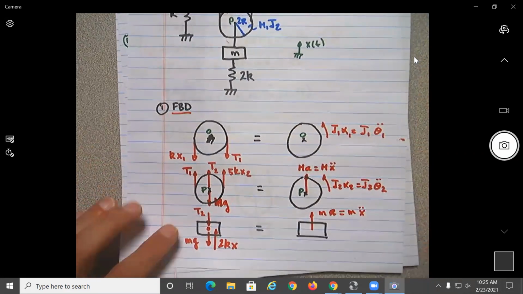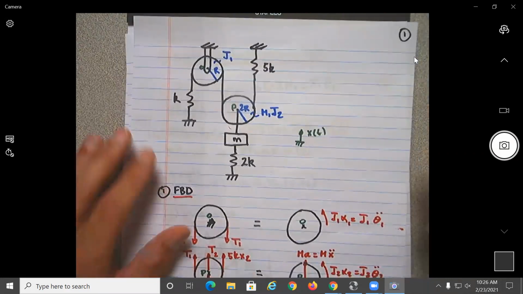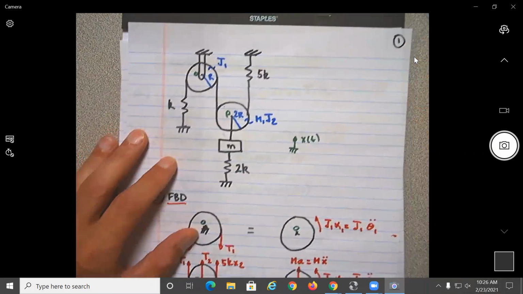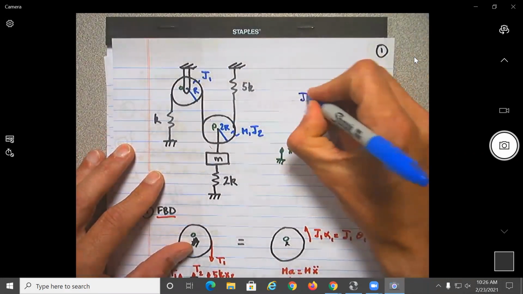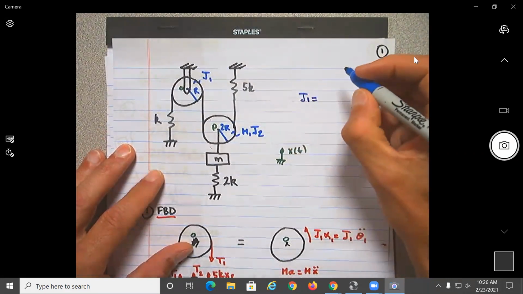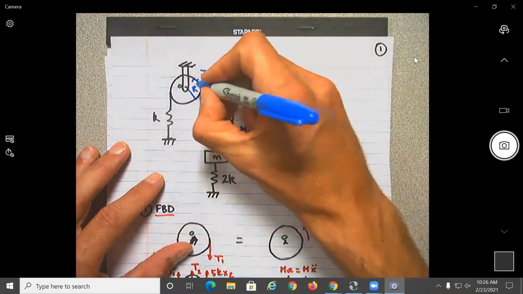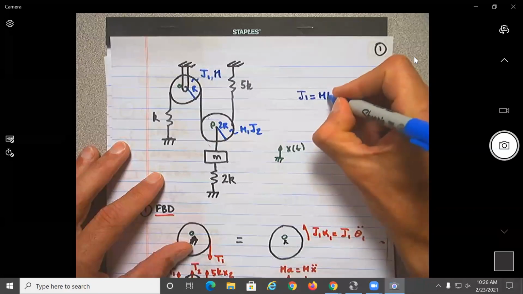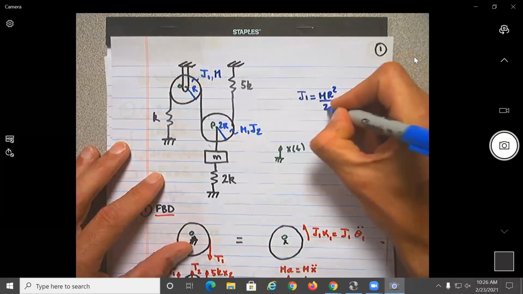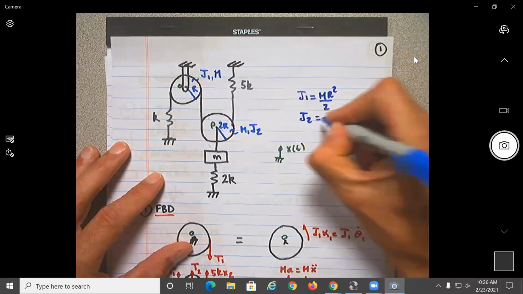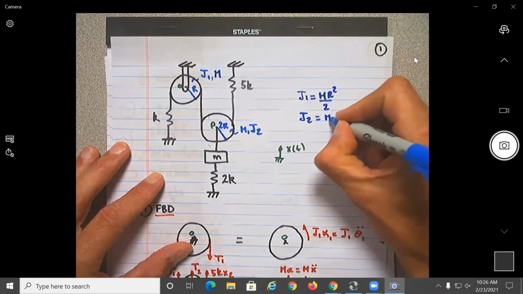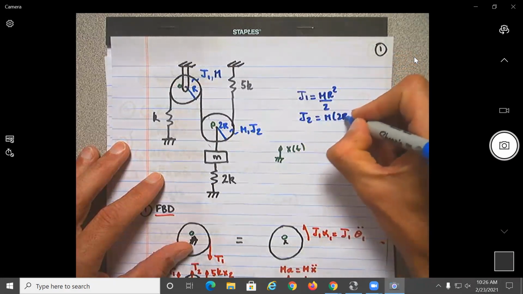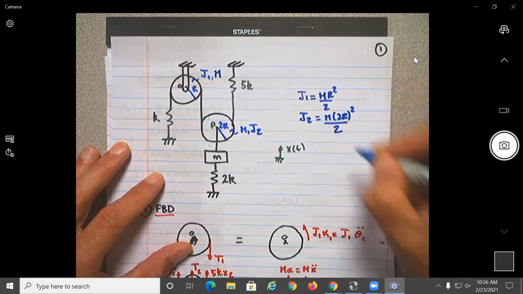If you want to do another simplification, maybe do that J1. It will be easier probably for the J1, say that is equal to, they'll say those two pulleys have the same weight. So let's say this will be M R squared over 2, and J2 will be what? M 2R squared over 2.